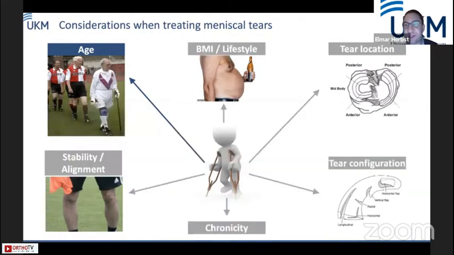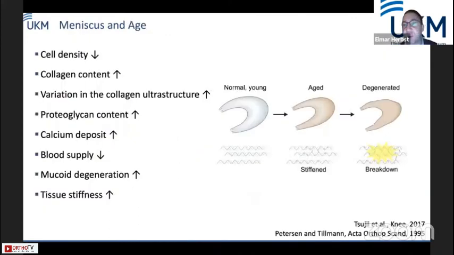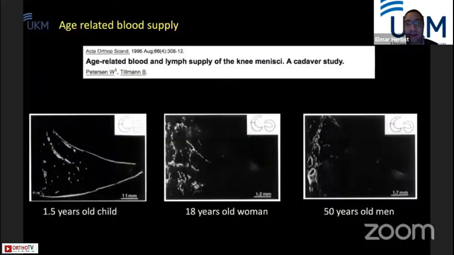So let's start with age. Usually everyone is saying age is a contraindication for a meniscus repair, as we know that the tissue quality is basically deteriorating, the water content within the meniscus is going down, and even the vascularity is limited in elderly people. So the meniscus repair won't heal.